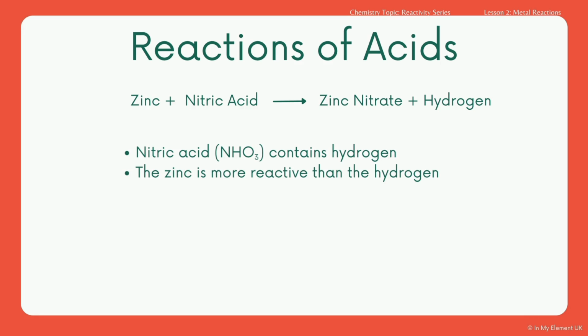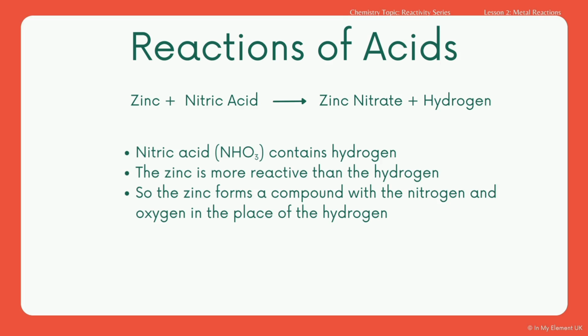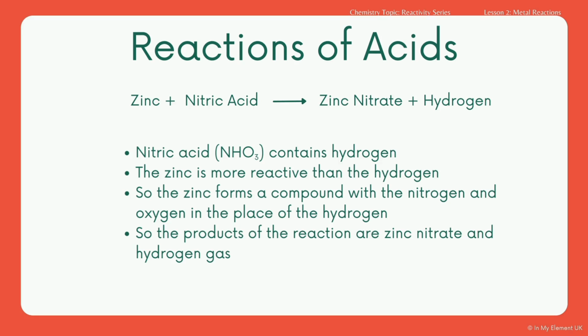So, because the zinc is more reactive than the hydrogen, what's happened in the reaction is that the zinc forms a compound with the nitrogen and oxygen in the place of the hydrogen. So you get zinc nitrate, and that's when the hydrogen gas is released. So the products of the reaction are zinc nitrate and hydrogen.